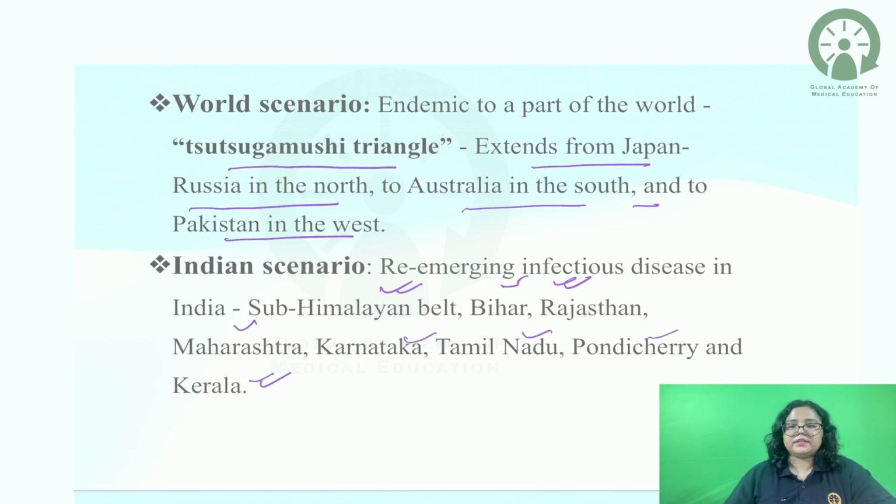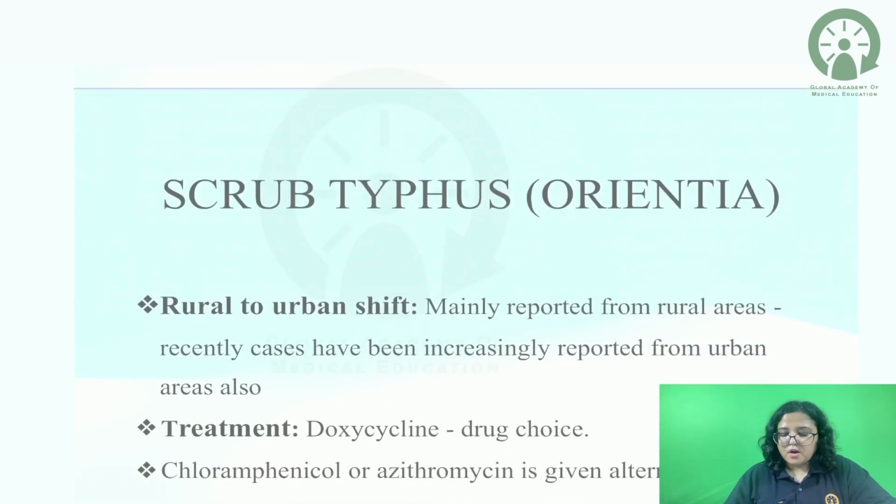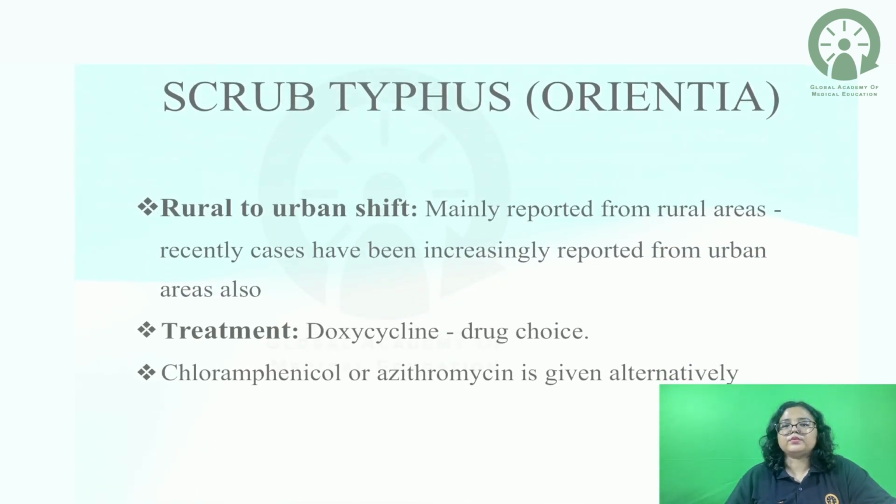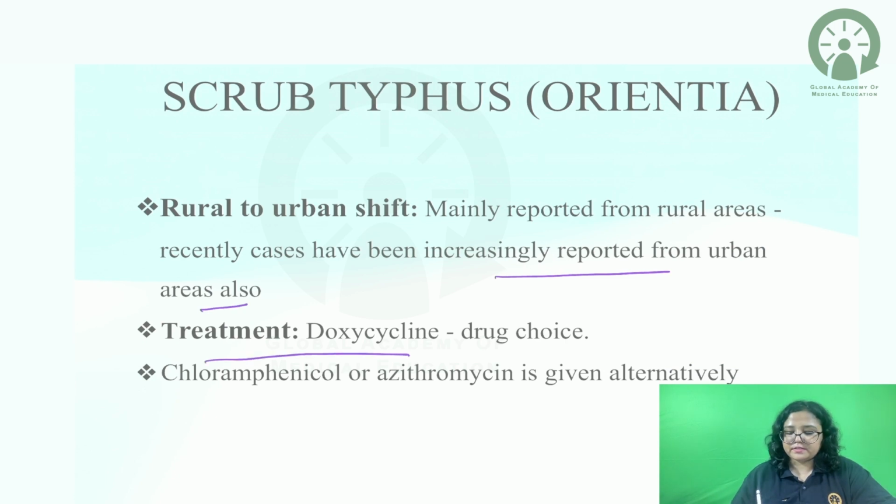This is the Indian scenario where we have seen a huge uprise or re-emergence of scrub typhus in recent years. Also, there has been a rural to urban shift. There are increasingly reported cases from urban areas, and treatment is by doxycycline, again tetracycline, with chloramphenicol or azithromycin as alternatives.